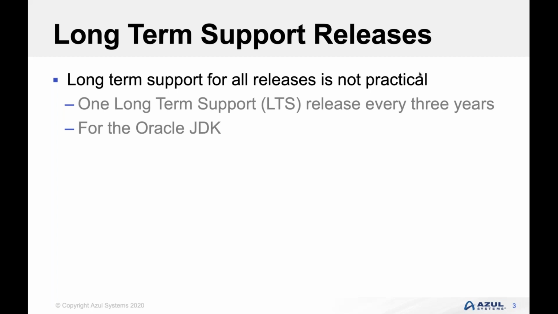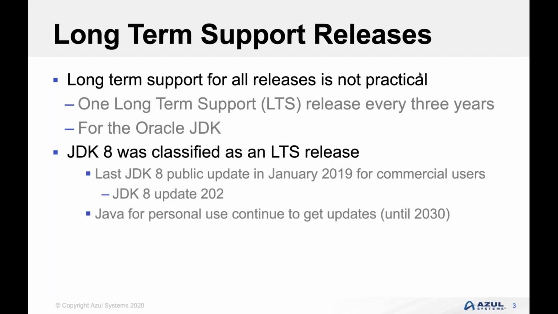The idea being that if you wanted to move more quickly in terms of features, then you could update every 6 months to a new JDK. If you were more concerned about the stability of your platform for the long-term idea of deploying your applications, then you would use the long-term support version, which would change every 3 years. And in fact, you could continue using it for more than 3 years if you wanted to. So this is quite important in terms of how we're looking at support for updates.